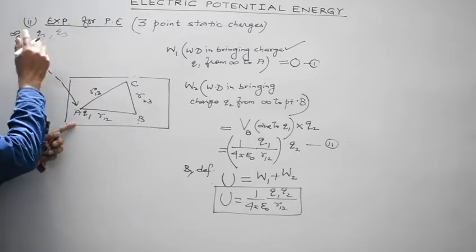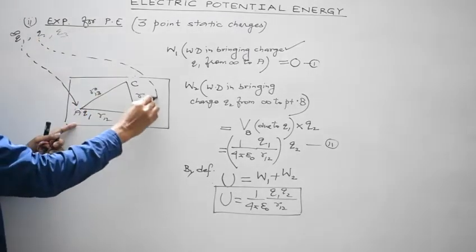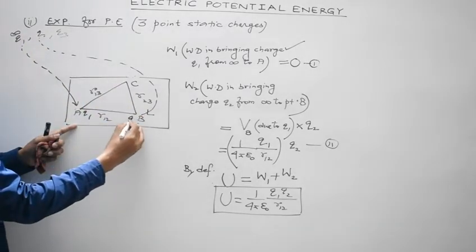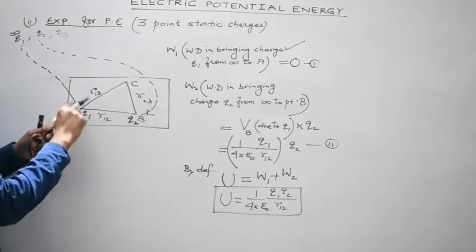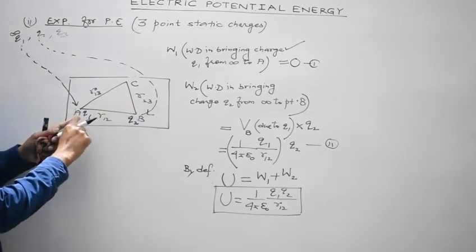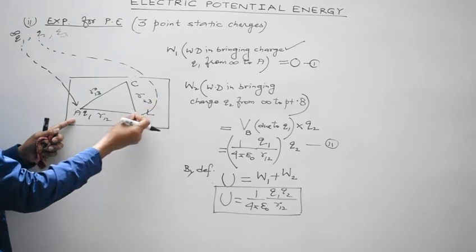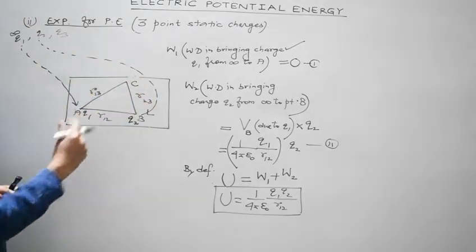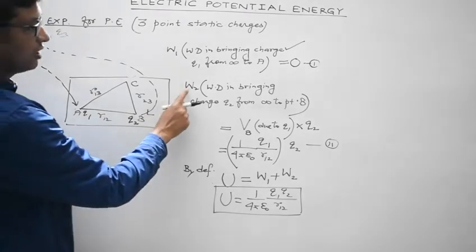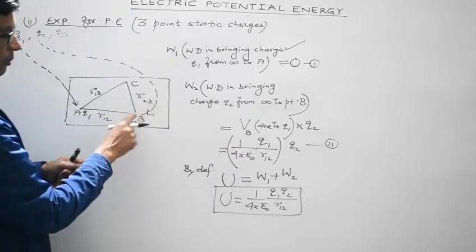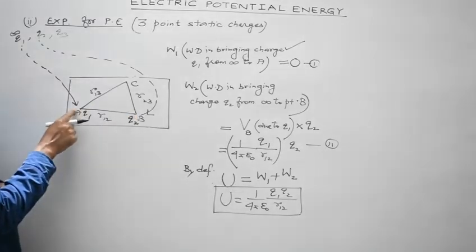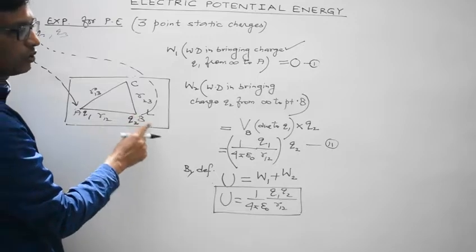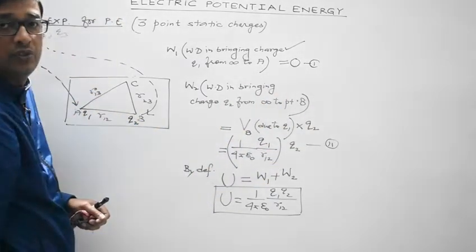Now work done in bringing charge Q2 from infinity to its respective location B. Now Q1 is already present over here, so Q2 needs to be brought to its position B under the influence of the electric field due to this charge Q1. Q1 will act as a source charge, isn't it? So in such a scenario, work done is given by potential at point B due to charge Q1 multiplied by the charge that is to be moved from infinity to that particular point, that is Q2.